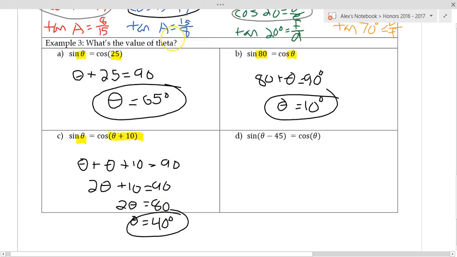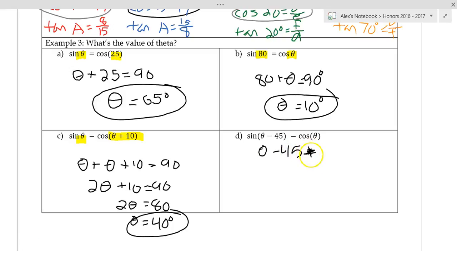And then same thing for our last one. I have theta minus 45 plus theta equals 90 degrees. So again, I have 2 theta minus 45 equals 90 degrees. Here I'm going to add 45 to both sides.